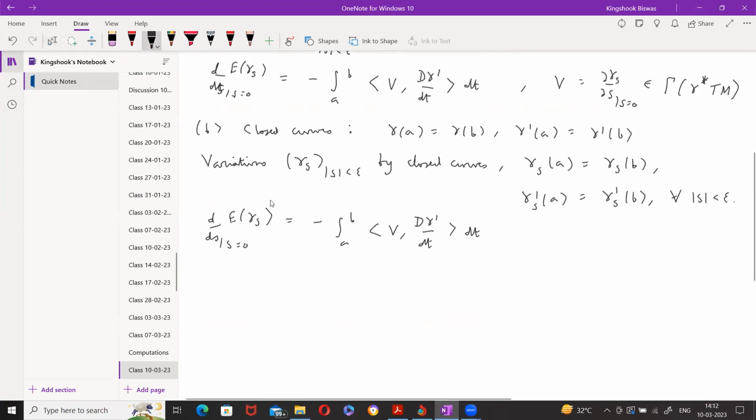All right. So in both cases, if I look at what's called a critical point of the energy functional, this means gamma such that the first variation is 0 for all admissible variations of gamma.